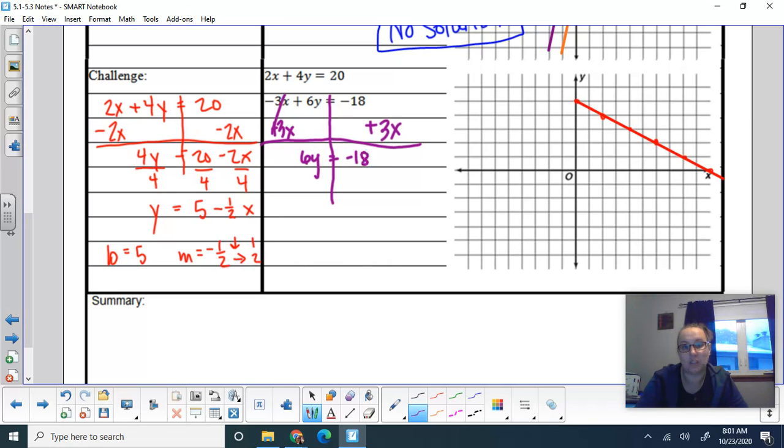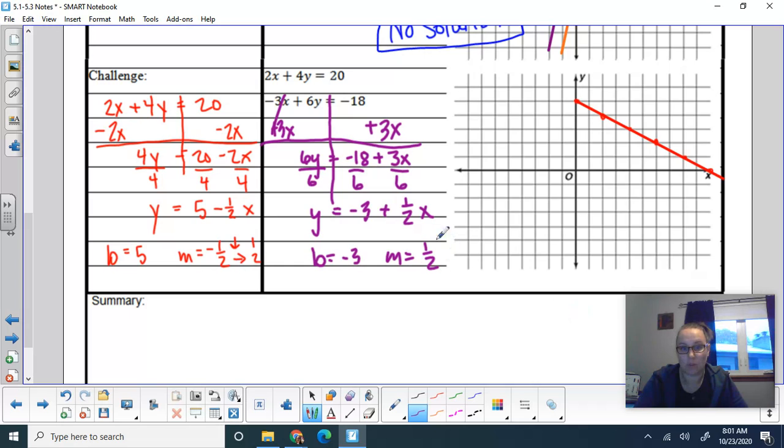Next, I'm going to get the y by itself by dividing every term by 6. When I do this, I get negative 3 plus 1/2 x. Now I can clearly see that my b value is negative 3 and my slope is 1/2.